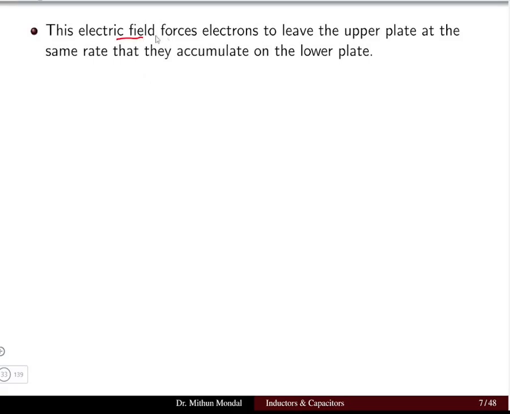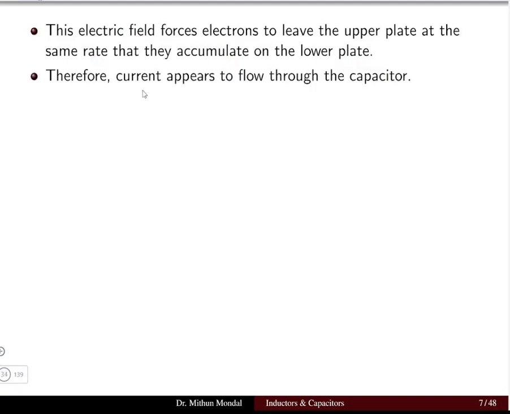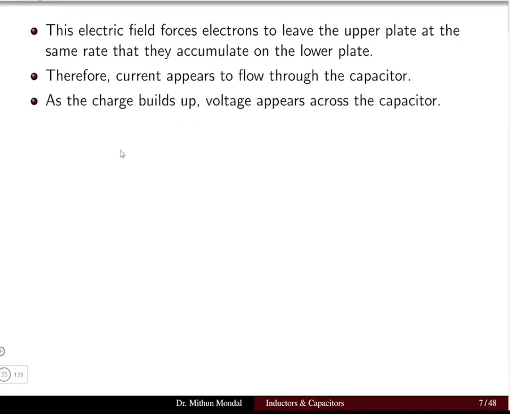The electric field forces electrons to leave the upper plate at the same rate that they accumulate on the lower plate. Therefore, current will appear to flow through the capacitor.